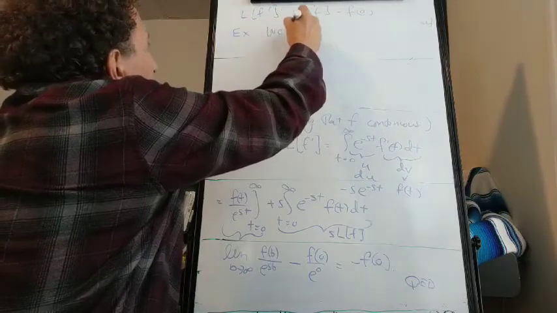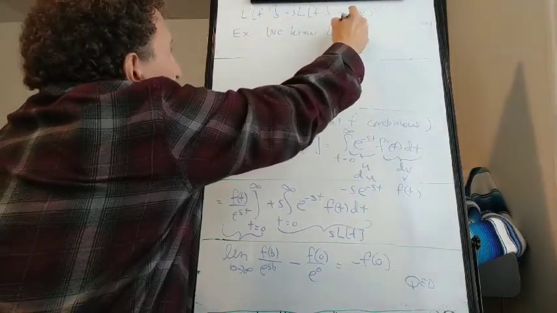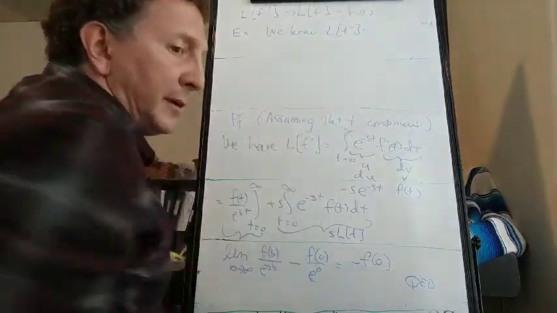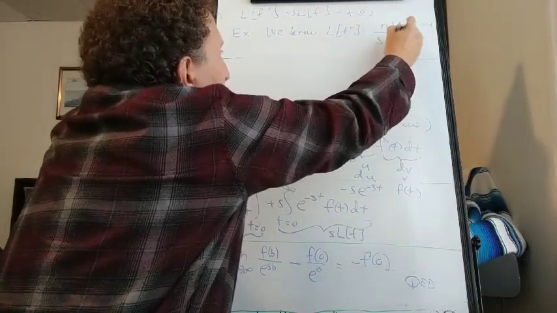So for example, we know the Laplace transform of t to the n equals n factorial over s to the n plus 1.